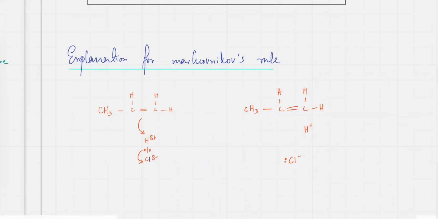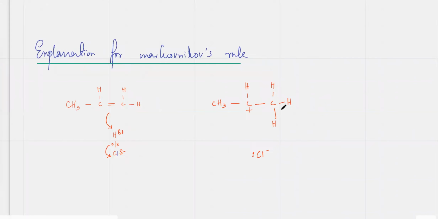So if it does that, the H is going to take away the electrons in the double bond with it. The positive charge is going to disappear, and it's going to appear on this carbon atom because the H stole electrons from the double bond which belonged to this carbon atom. Or the other thing could happen. You could have another carbocation.